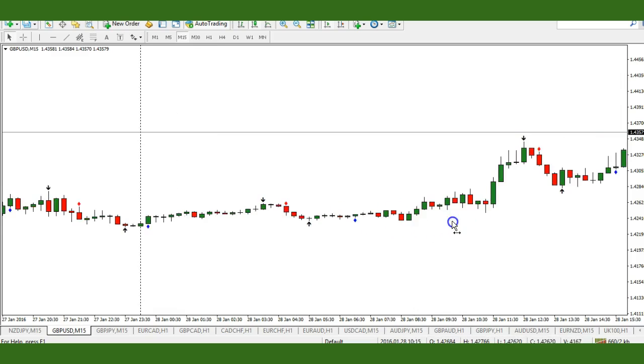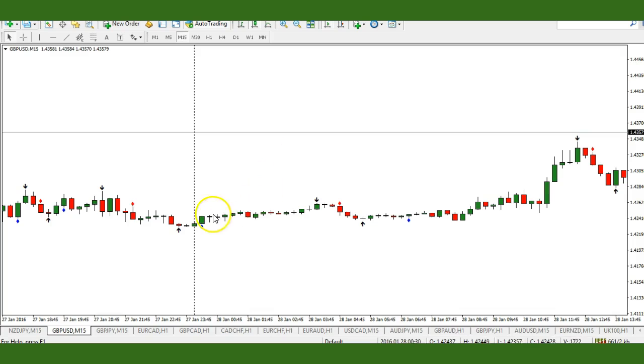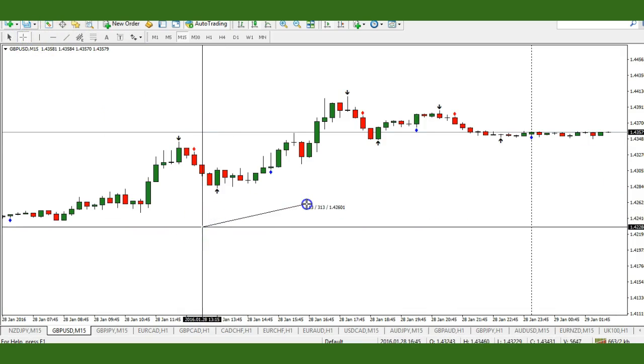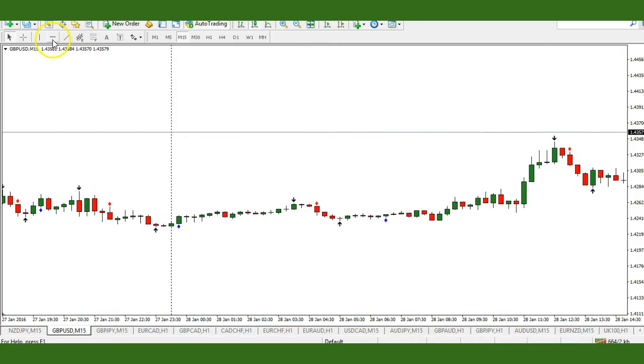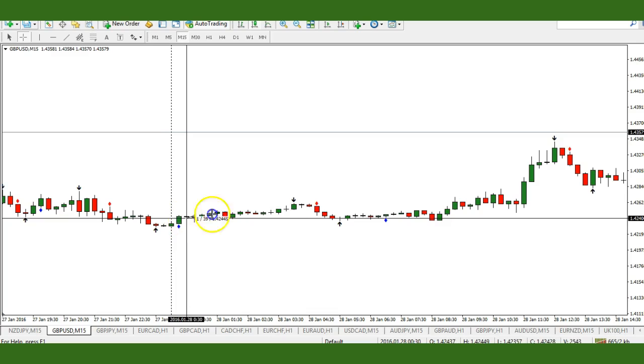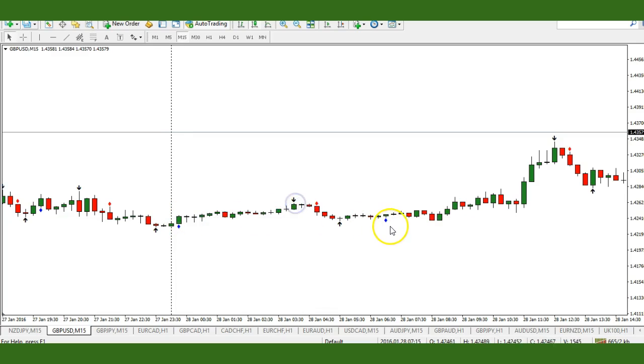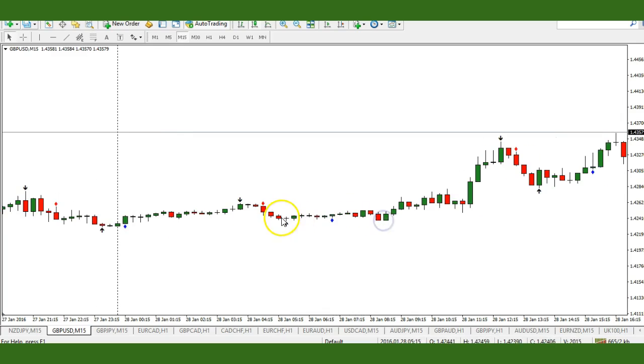Early on in the Asian session the market was not really moving at all, even though there was a signal generated and it went up about 20 pips. So not much happening in the Asian session.